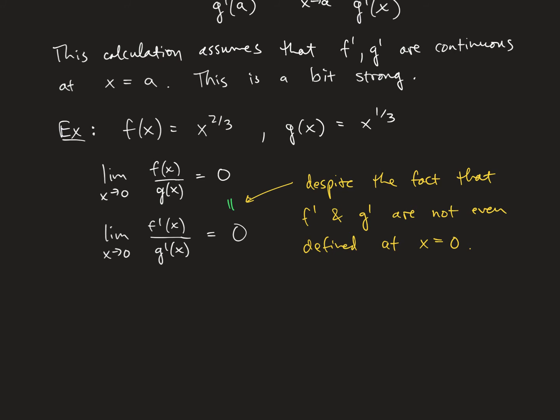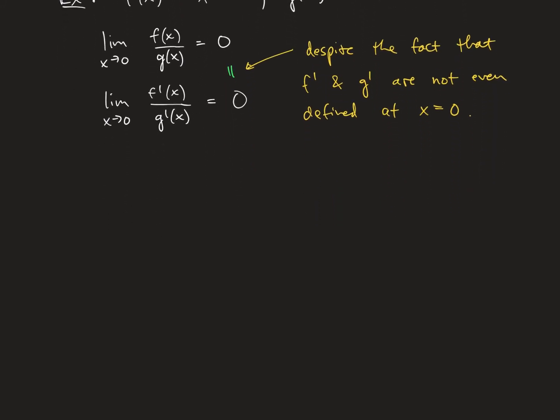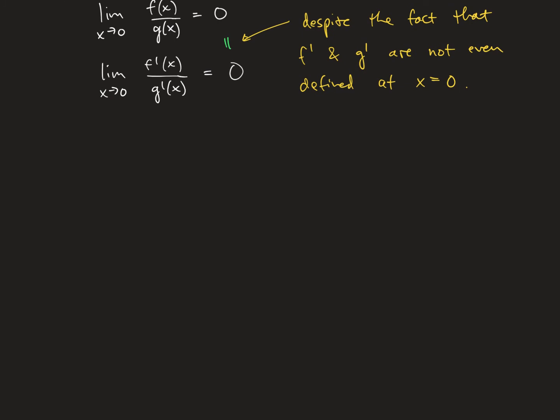Before we move on to the rigorous stuff, though, I also just want to recall from calculus that L'Hopital's rule works in other situations too. So, for example, with f of x and g of x tending to 0 as you tend to a, you can actually replace a with plus or minus infinity as well.